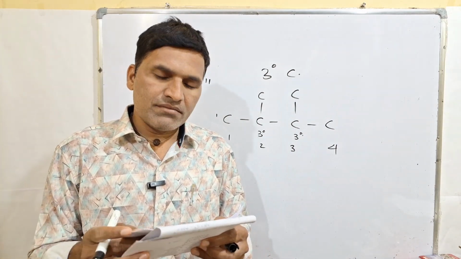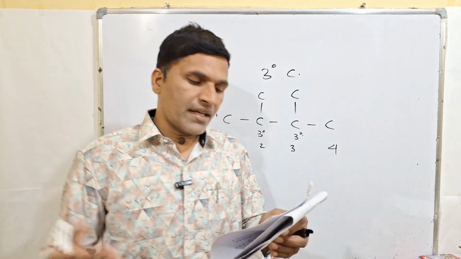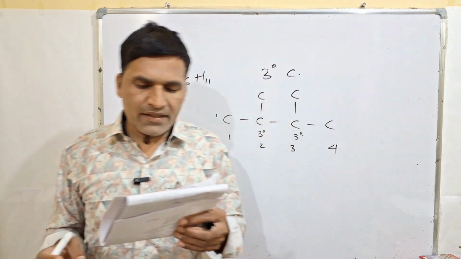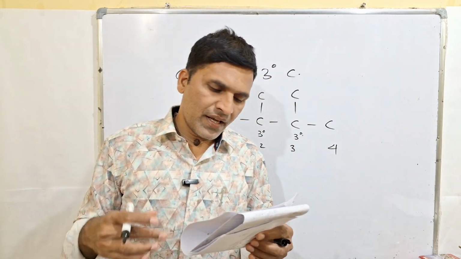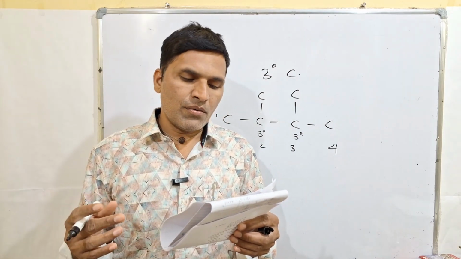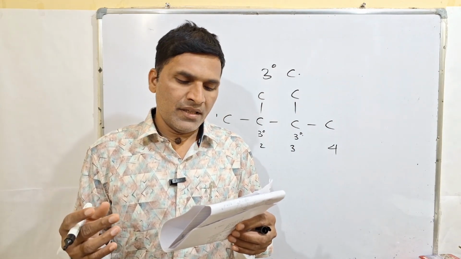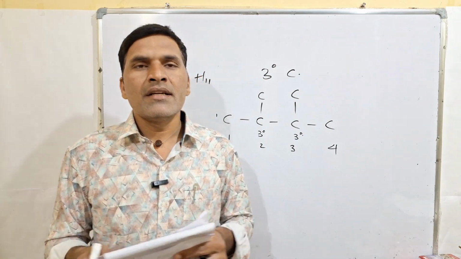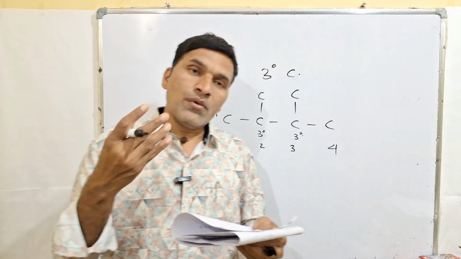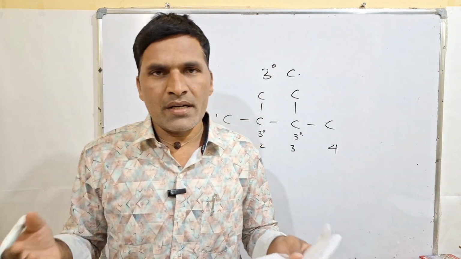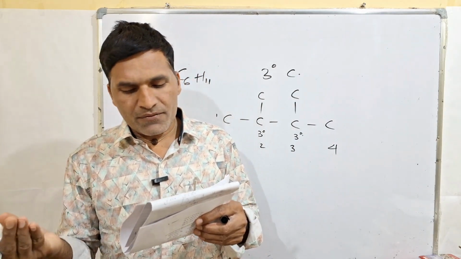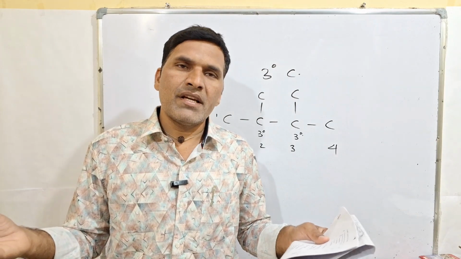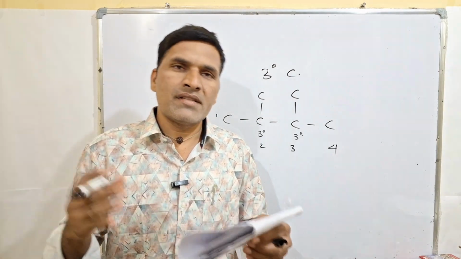Statement 2: hexamine cobalt(III) is diamagnetic, whereas hexafluorido cobaltate(III) is paramagnetic. Both statements 1 and 2 are correct. What is the reason? Both are octahedral, of course, and differ in their magnetic behavior because one is paramagnetic, another one is diamagnetic.